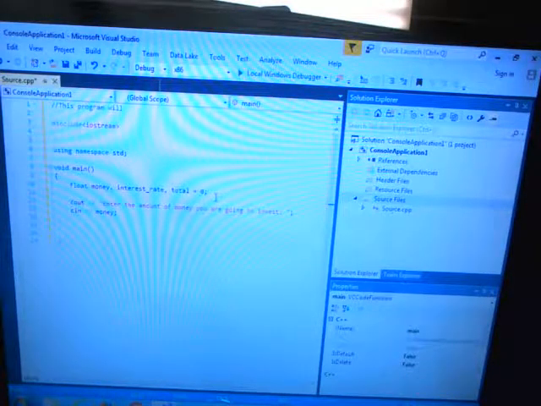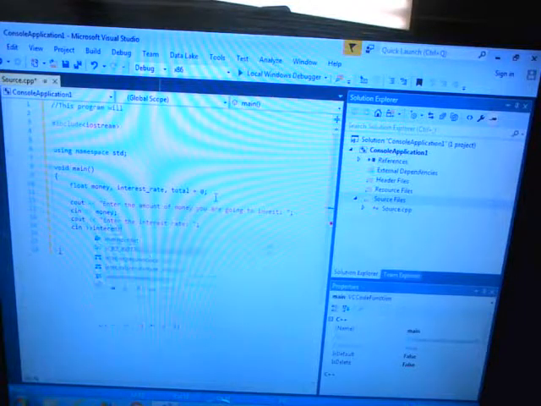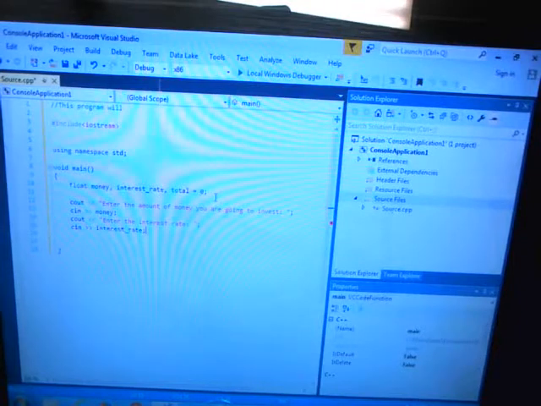What should they do next? Enter the interest rate. All right, so that. Enter the interest rate. Cin. Interest rate. Okay.